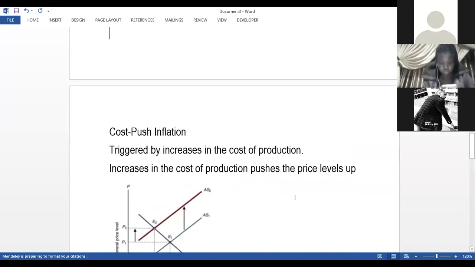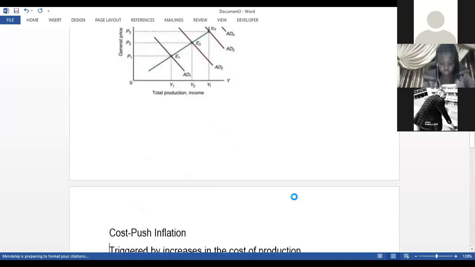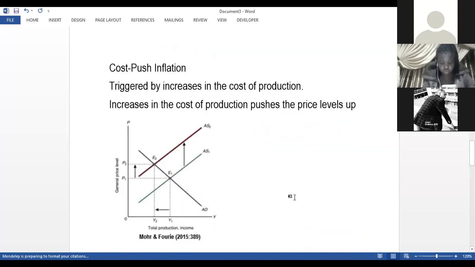So demand pull inflation is different from cost push inflation. Cost push inflation is triggered by increases in the cost of production. So we'll be having an increase in the cost of production, not necessarily a change in the aggregate demand. So you have to appreciate the difference between the two. All right, so the increases in the cost of production has an effect on the aggregate supply of the economy, not the aggregate demand.